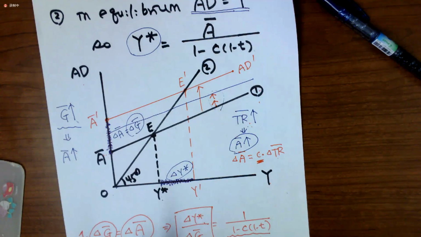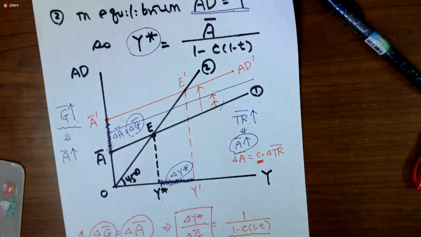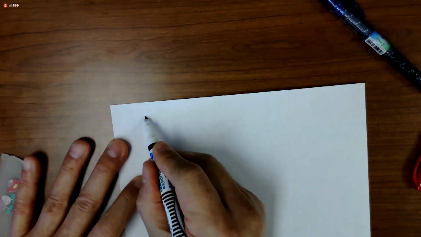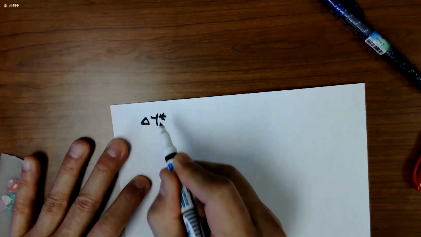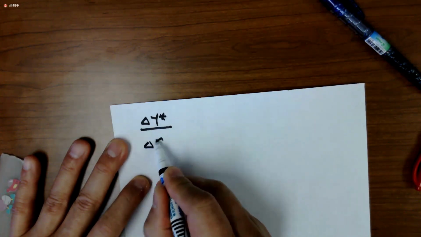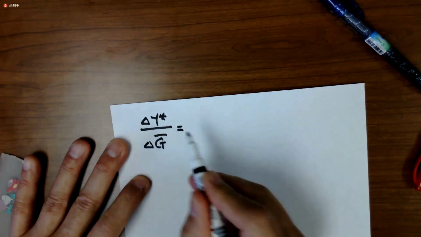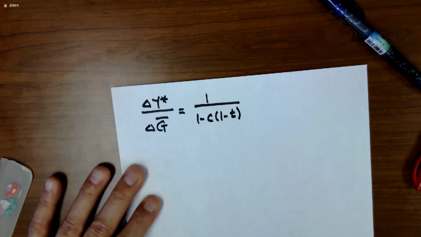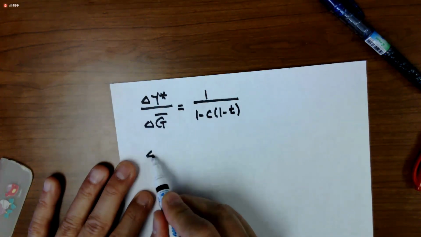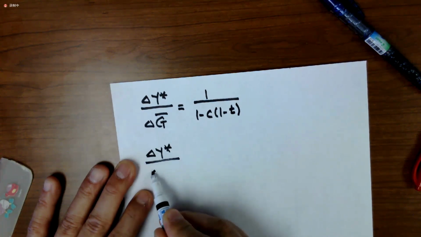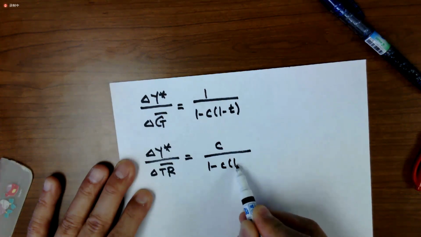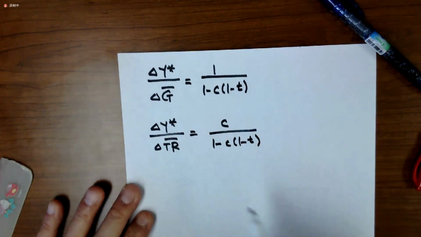Okay. Another way to illustrate the same point is to think about, we have the government spending multiplier, which is 1 over 1 minus C times 1 minus T. And then we have the transfer payment multiplier, which is C times 1 over 1 minus C times 1 minus T. All right.